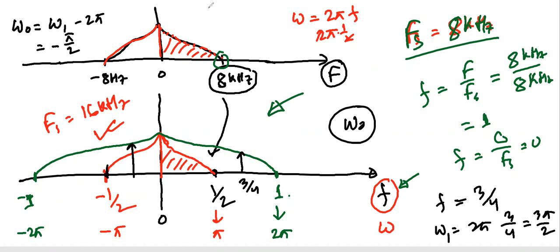Yes, sir. Omega 0 equals pi by 2. What does that value mean from the point of view of f? Omega is equal to twice pi into f, so f is equal to omega divided by twice pi. So omega is pi by 2 divided by twice pi, so you'll have 1 by 4, isn't it? So this point is 1 divided by 4.